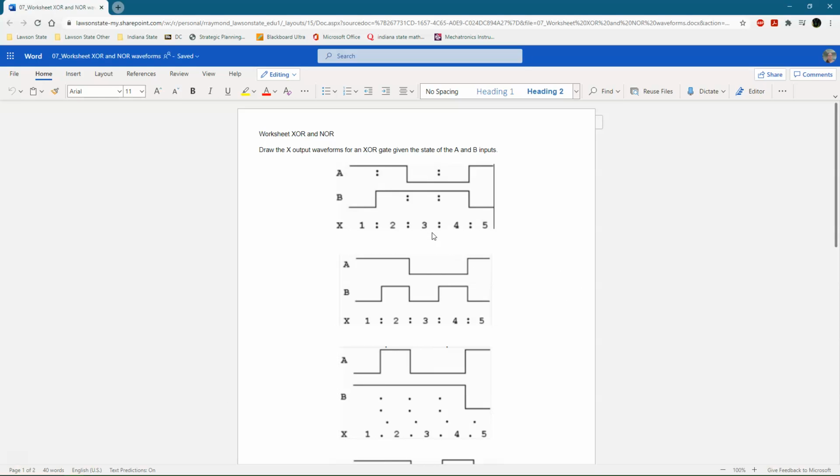All right, so this is the worksheet that this thing is mentioning. What it should be is to draw the X output for an exclusive OR gate given the state of A and B inputs. So the very first one, let me see.